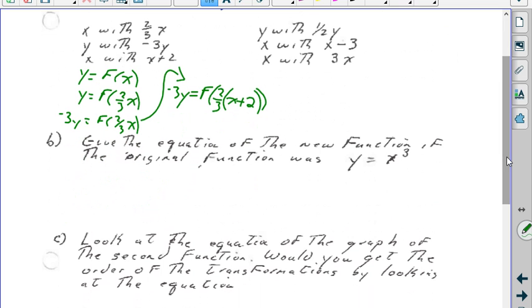Well, we can do the order, which I'm going to, or I can just replace it here. Start with y is equal to x cubed. Y is equal to 2/3 x cubed. -3y is equal to 2/3 x all cubed. And then finally, we're going to replace that x with x plus 2.